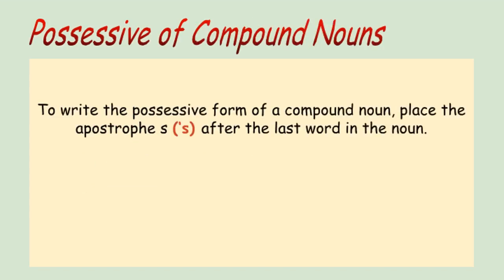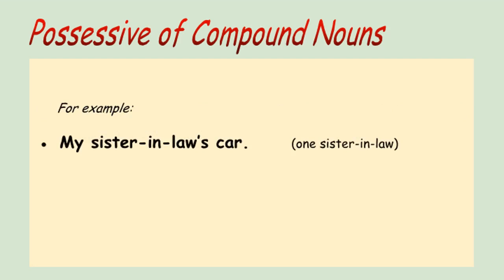Finally, let's look at forming the possessive of compound nouns. To write the possessive form of a compound noun, place the apostrophe s after the last word in the noun. For example, "My sister-in-law's car." This is stating that we are referring to one sister-in-law.